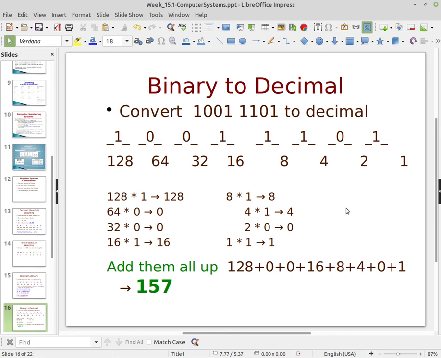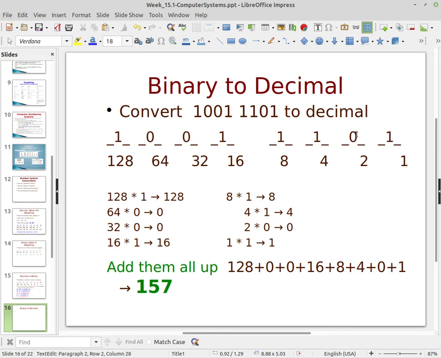Now, if we have a binary number and I want to go back to decimal, we lay it out the same way, but we put the binary number in here, and then all we're going to do is take the binary value times the column it's in.